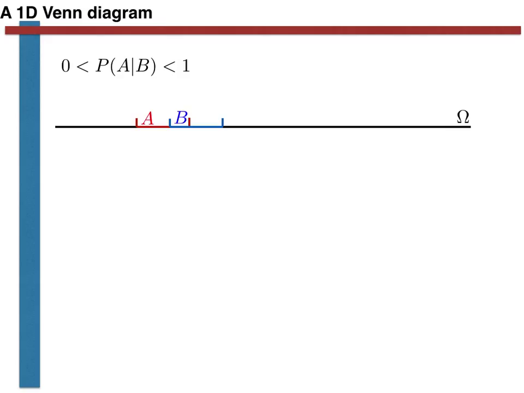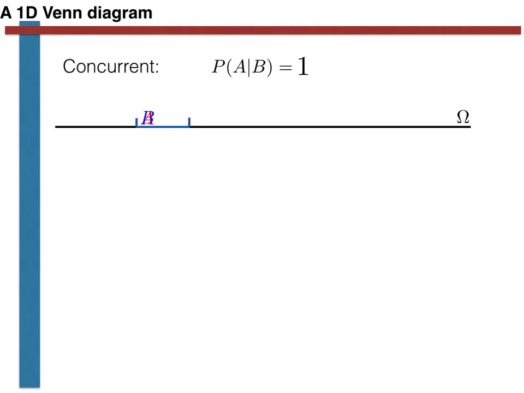Now a couple of questions for you. Firstly, what would our one-dimensional Venn diagram look like if the two events A and B were concurrent? Pause the video for a moment and take some time to draw the diagram. You should have drawn something like this, and remembered that concurrent means that the conditional probability, the probability of A given B, is equal to 1.